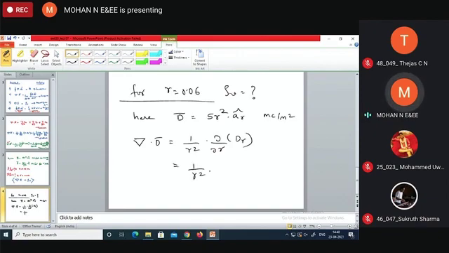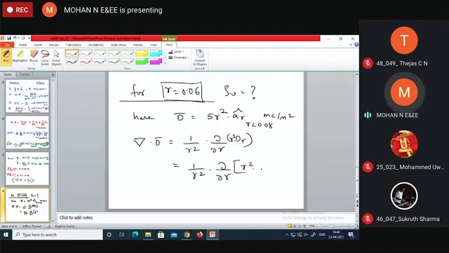For r is equal to 0.06, the flux density is given whenever r is less than 0.08, that is 5r square into a r cap.